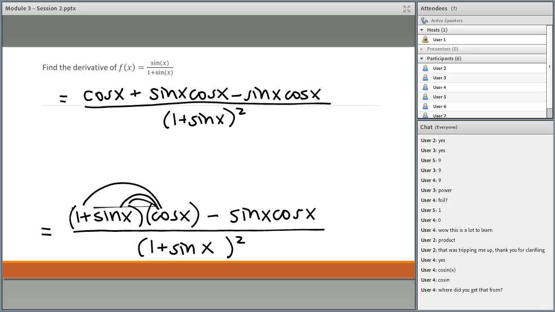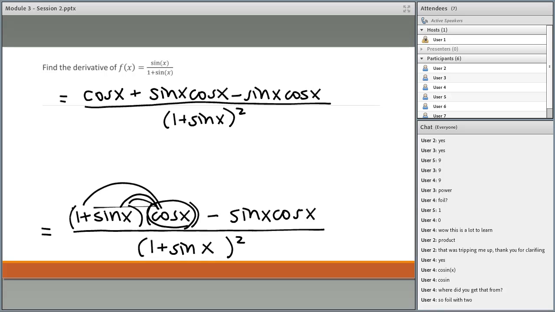Does that make sense? Yes. So FOIL, basically we only have one term, cosine x, and it gets distributed to both. So you can FOIL it to both of them, yes.